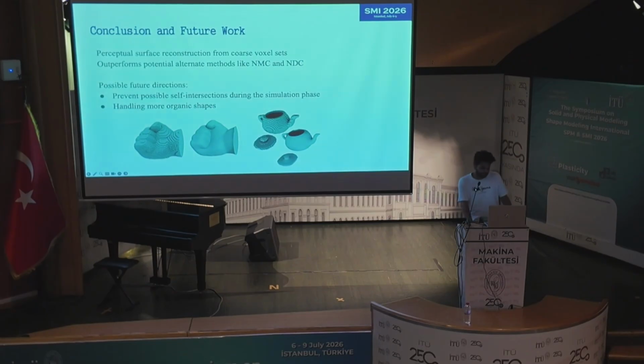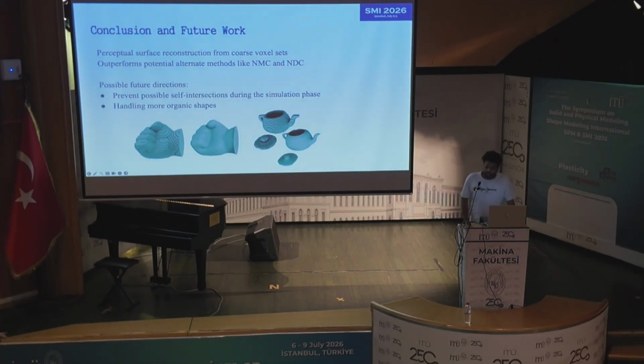Our learning step currently depends on the ABC dataset. Improving sharp voxel detection could be an important direction in our future work so that we can handle more organic shapes. Since we do not explicitly check for self-intersections, our method might produce some, but generally does not produce self-intersections.